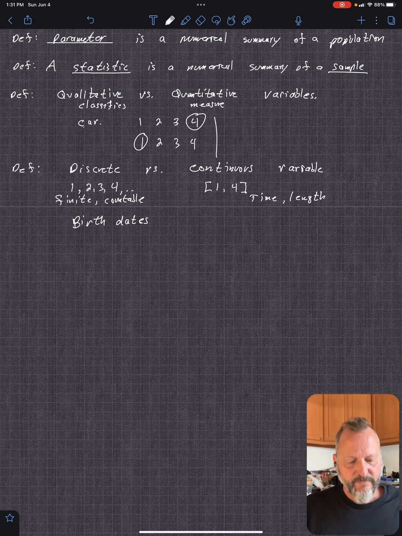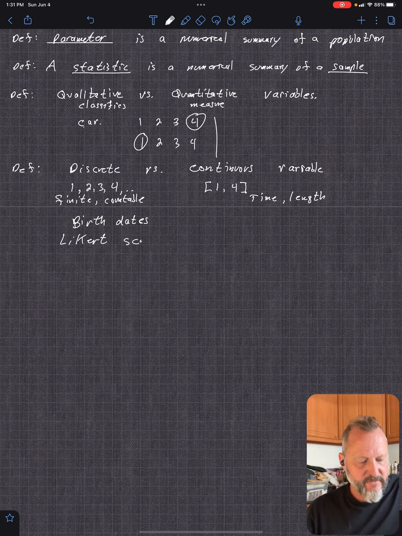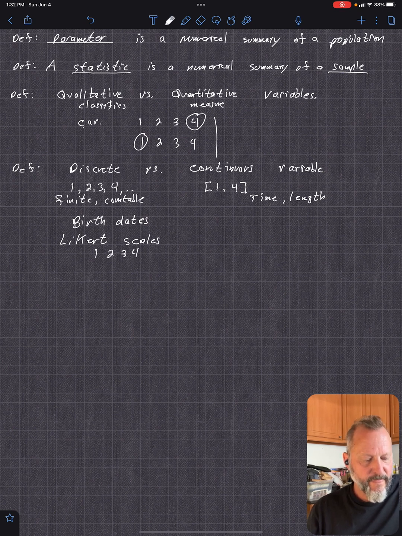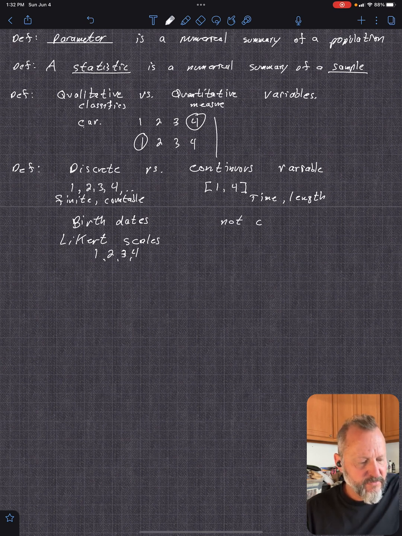That's how we state them. Scales, like a Likert scale, 1, 2, 3, 4, and you state what those mean. A scale like that is discrete. Time and length are not countable.